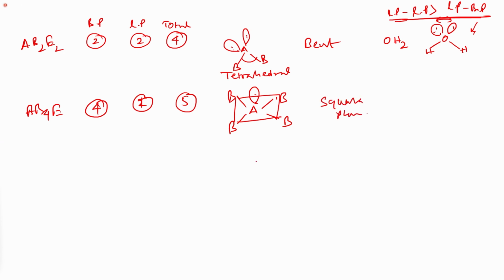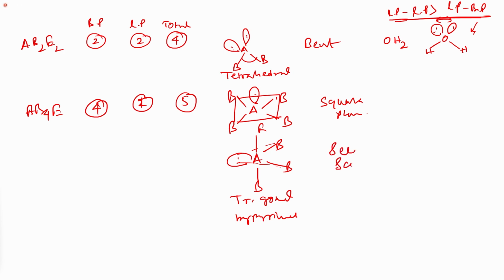Another possibility is the trigonal bipyramidal structure, but when this lone pair is in plane, then it is a seesaw structure.